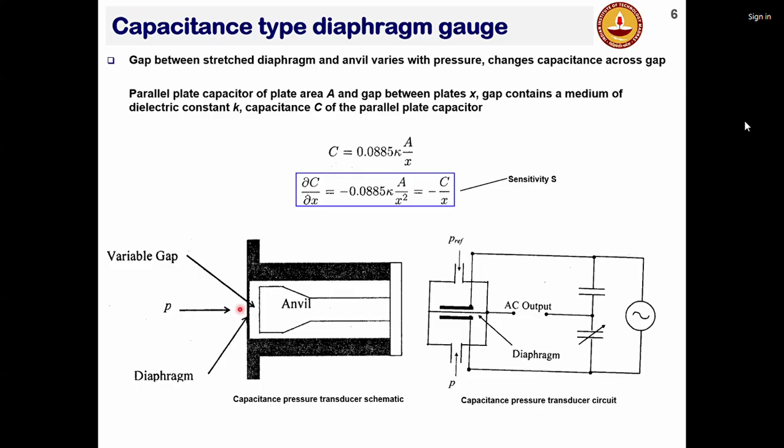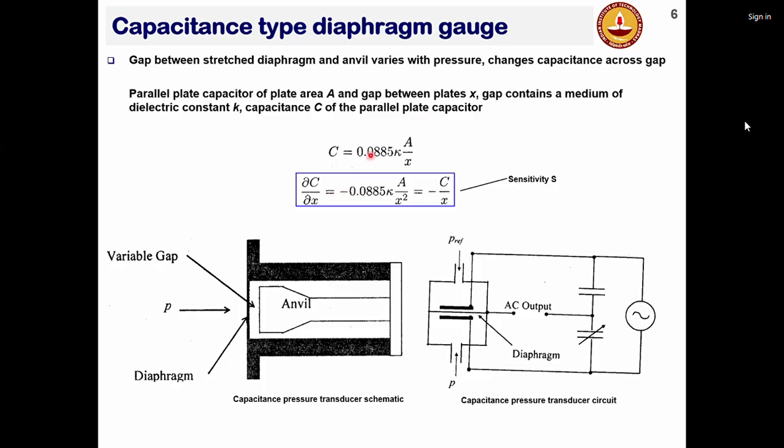We know that for a parallel plate capacitor having a plate area A, and the gap between the plates is X, and the gap is filled with a medium of dielectric constant K, then capacitance will be 0.0885 times the dielectric constant times the surface area of the plate divided by the gap between the plates. This is known.